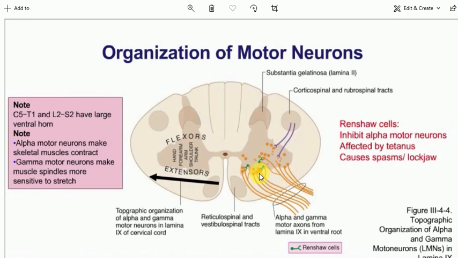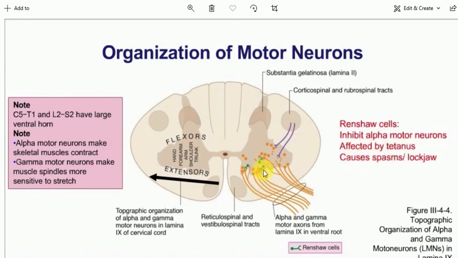And what the tetanus toxin does is knock out the Renshaw cells, destroying them. Renshaw cells inhibit alpha motor neurons, but they are affected by tetanus toxin.